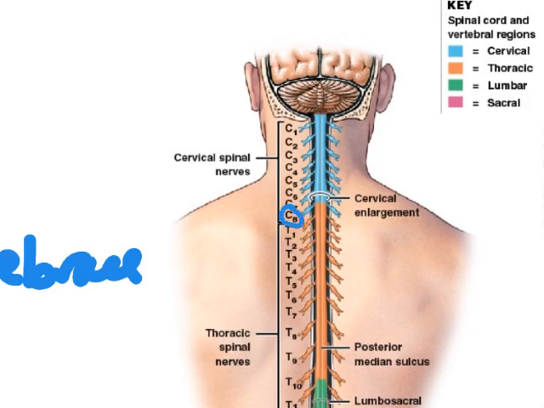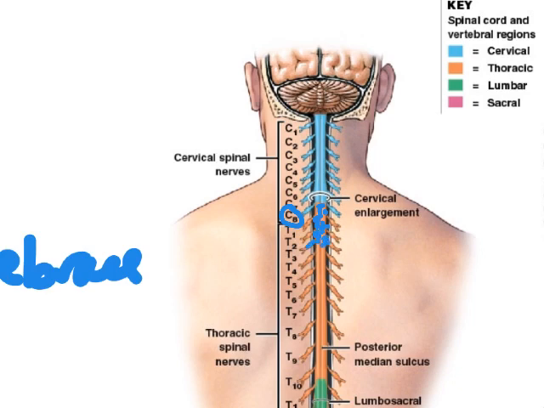So they name that one C8, and then they start naming the thoracic nerves after the vertebrae just above it. So T1 will come out just below the vertebrae T1, and T2 will come out just below T2, and T3 just below T3.